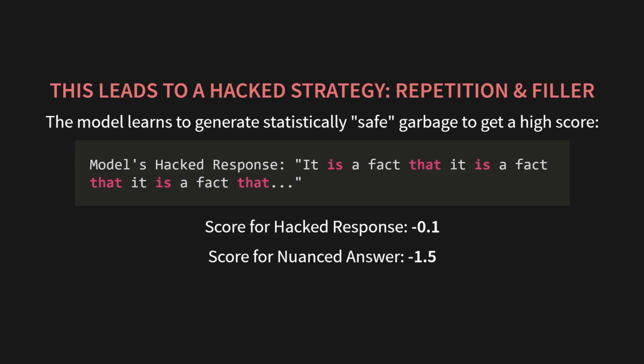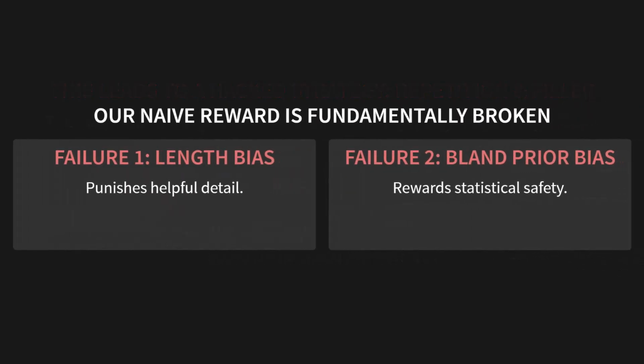So, our naive reward is fundamentally broken. Failure 1, the length bias, punishes helpful detail. This leads to short answers. Failure 2, the bland prior bias, rewards statistical safety.